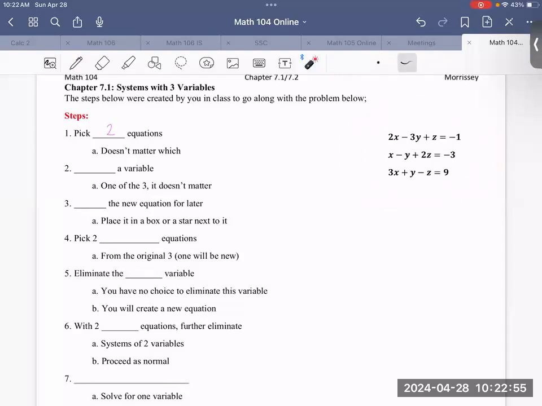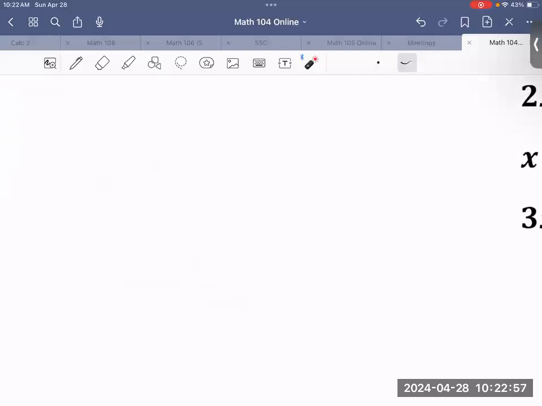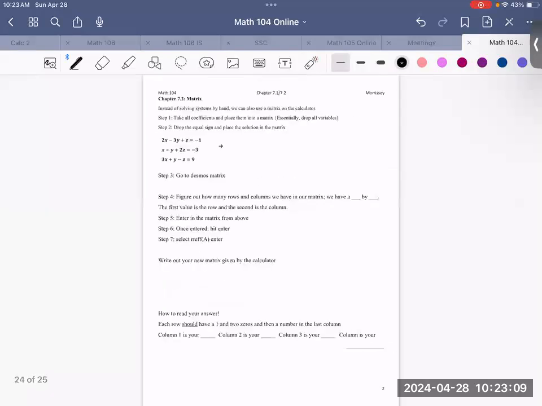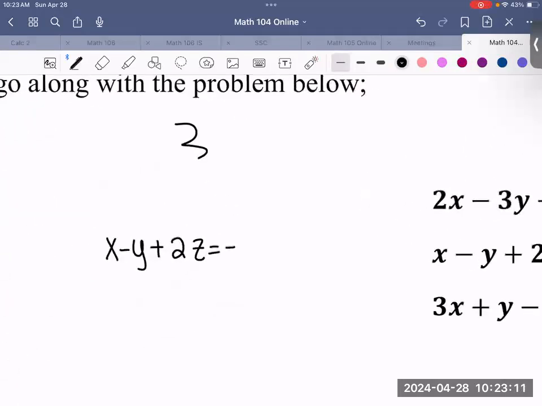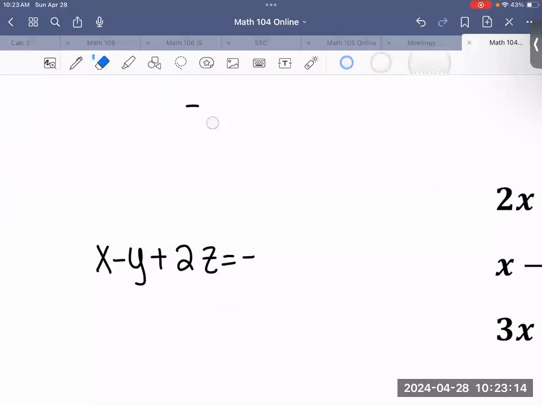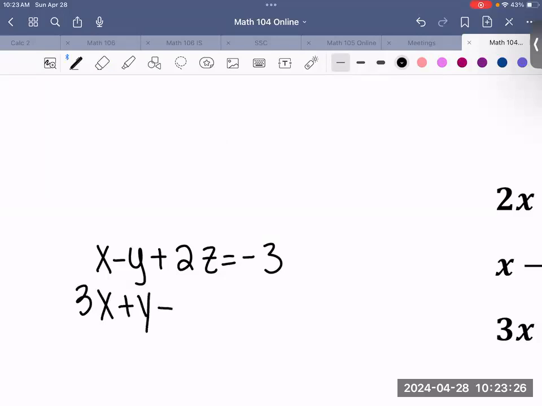Now, my previous class in person, we picked x minus y plus 2z is equal to -3. Now this is going to be that middle equation. And then they decided to pick the one below it. So 3x plus y minus z is equal to 9.